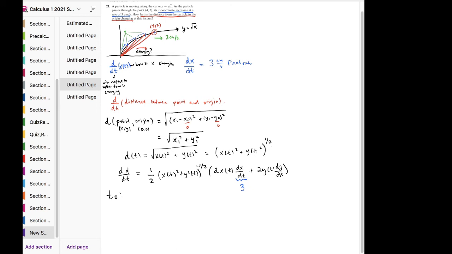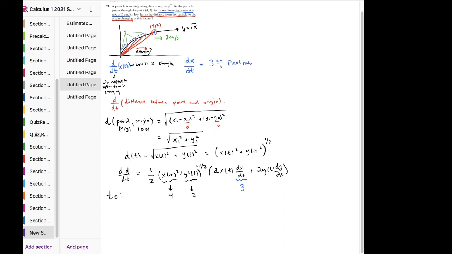T naught is the place that I care about. Not 0, right? Where do I care about? Where am I looking for the derivative? Yeah, 4, 2. So we know that x of t naught is 4. Y of t naught is 2.